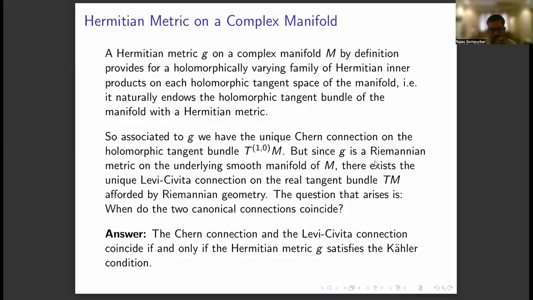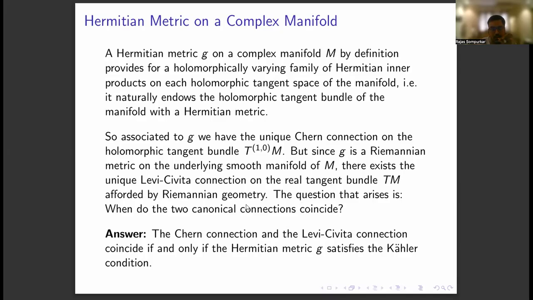Now that TM and T^{1,0}M are identified, on T^{1,0}M we have the canonical Chern connection, and on TM we have the usual Levi-Civita connection given by Riemannian geometry.